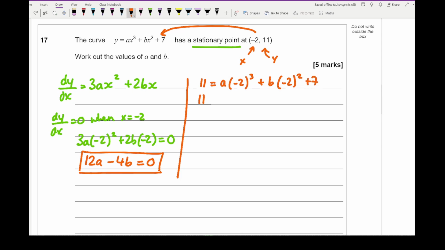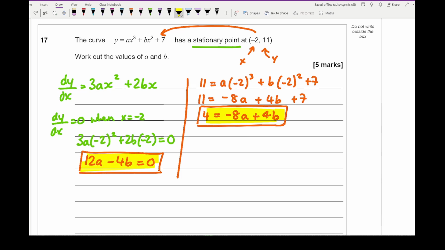So from this I get 11 equals minus 2 cubed is minus 8, minus 2 squared is positive 4, plus 7. I can take the 7 over to the other side, so I end up with 4 equals minus 8a plus 4b. Now if I keep those equations and don't simplify them, then what you can see is I've got two equations involving a and b, and they're the two values that I want.